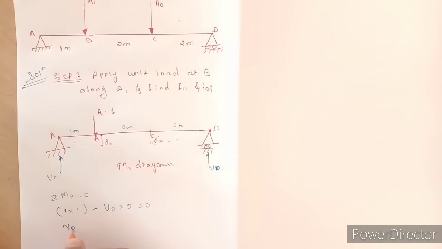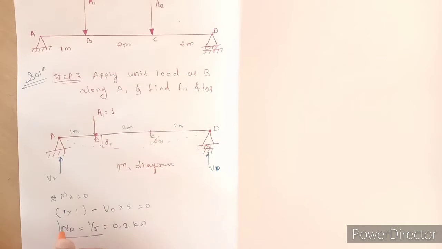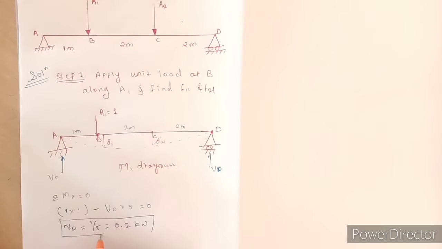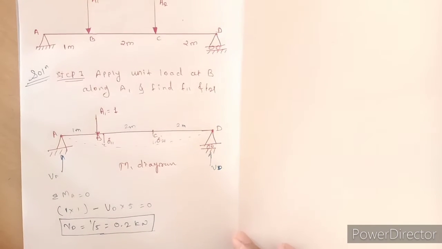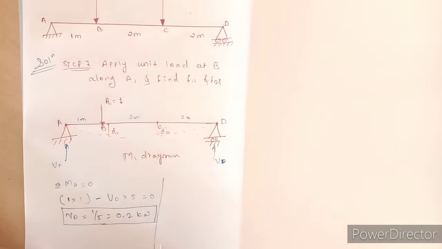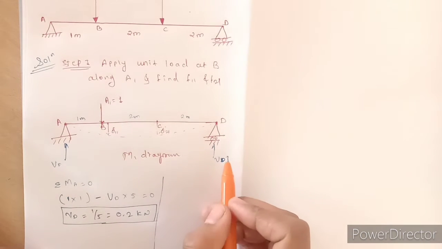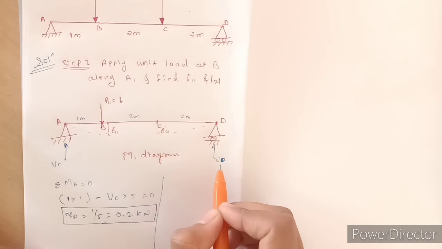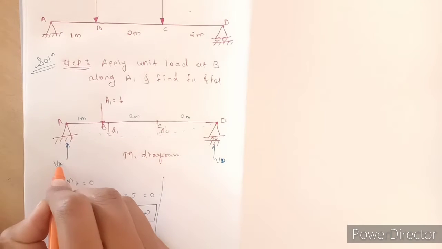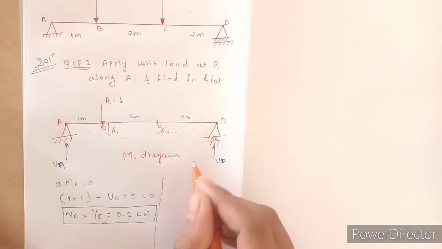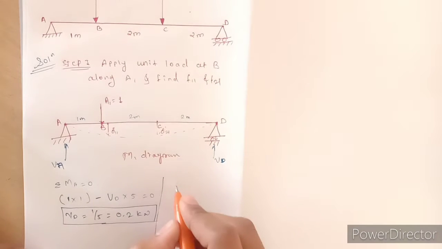From this we get VD, the vertical force at point D, equal to 1 divided by 5, that means 0.2 kilonewton. Next, from this VD value we find VA.